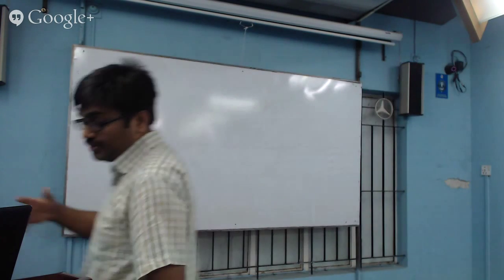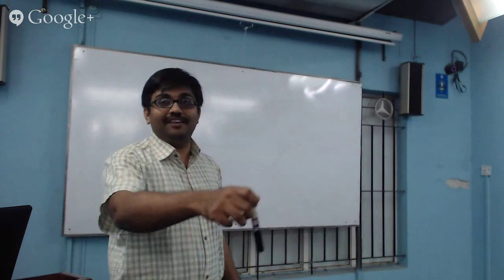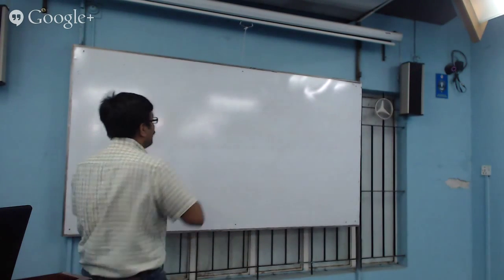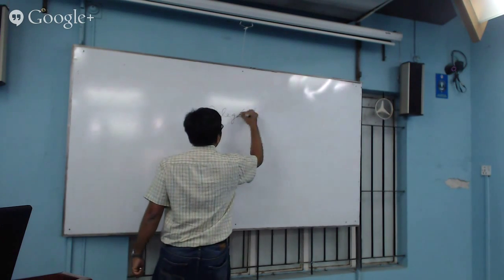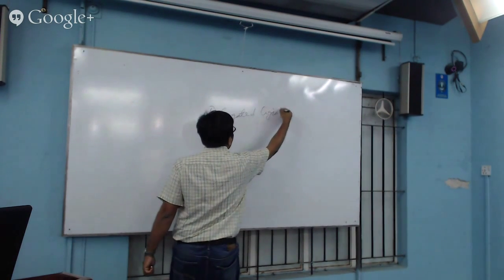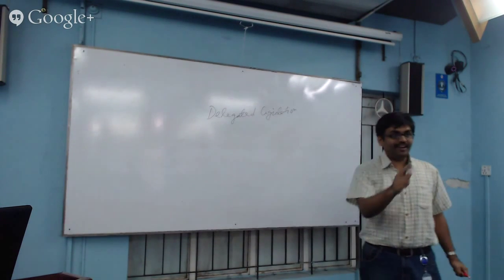That's the key part. If you look at the term delegated legislation, the answer to this question lies with the question itself. Not just the law made by the delegate; look at it differently.